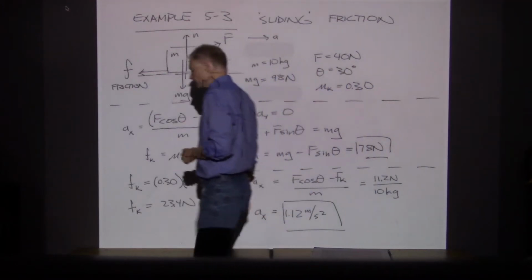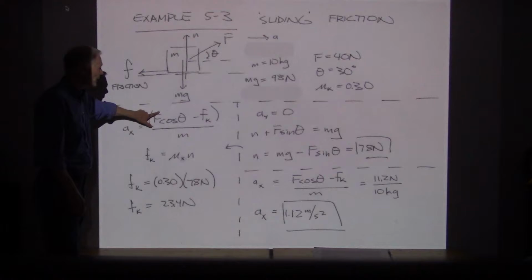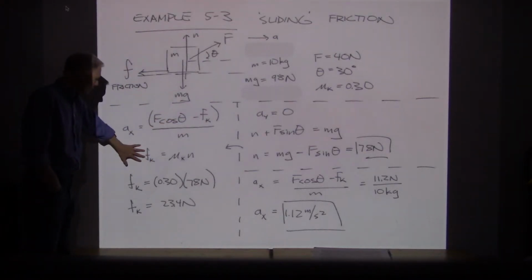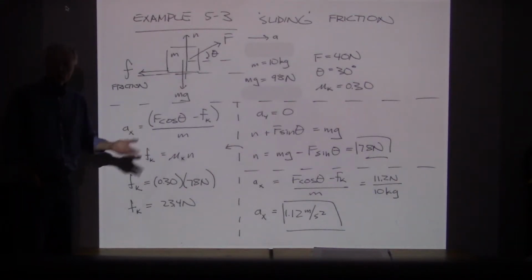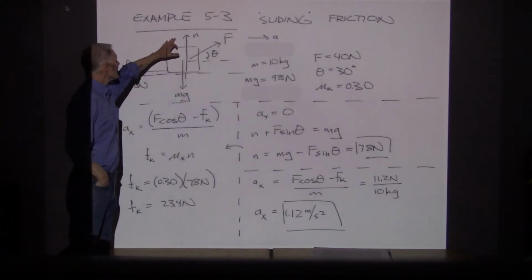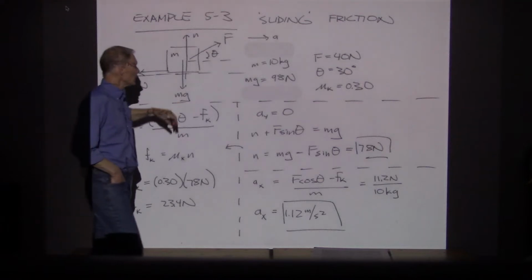Now, how are we going to calculate these forces? We know the force and the angle here. How are we going to calculate the kinetic friction? Well, let's use the coefficient of friction times the normal force. Now, in this case, if you remember, the normal force is not just mg.